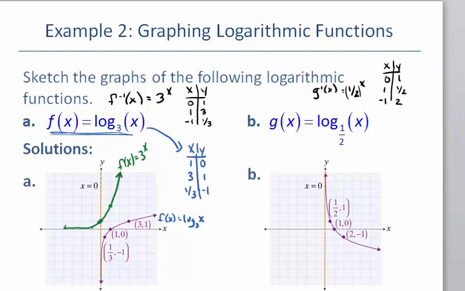And so I could come to my graph and I could plot those 3 points, the point 0, 1, the point 1, 1/2, and the point -1, 2. And I could connect those points. And this is the graph of g is equal to 1/2 raised to the x power.